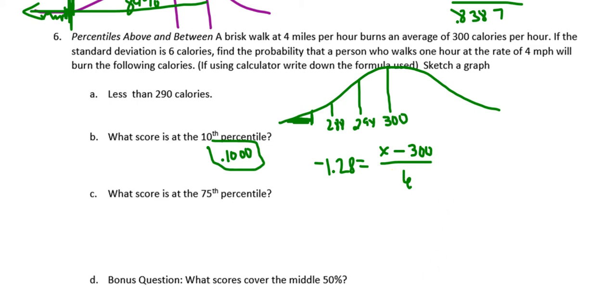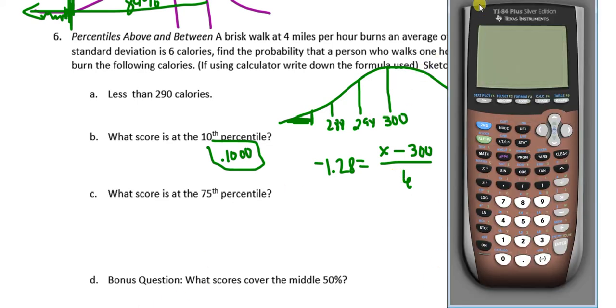Now to solve this, multiply both sides by 6. When you do that, you get 6 times negative 1.28. The next step is adding 300, because I'm going to have x minus 300 equals negative 7.68.